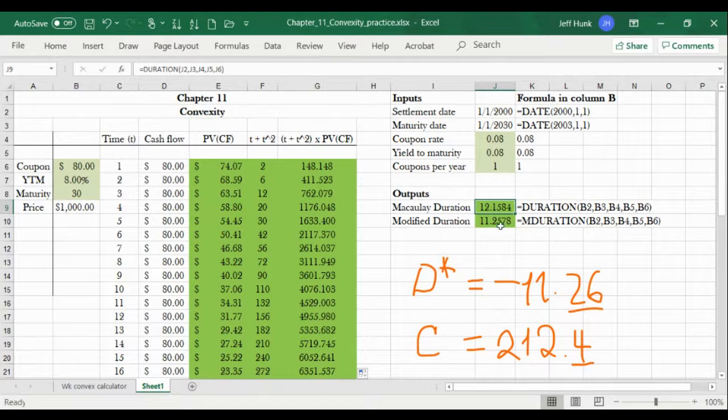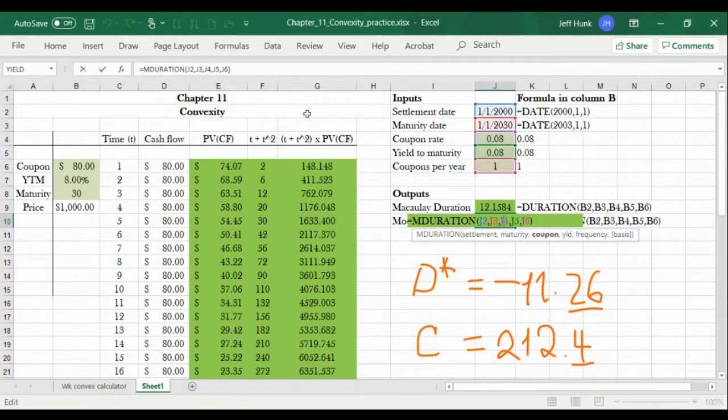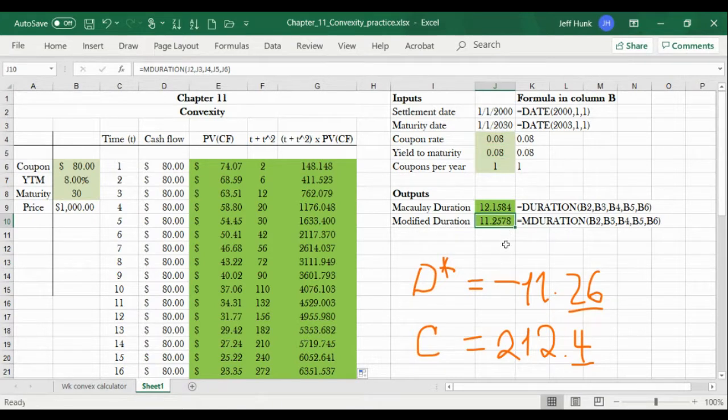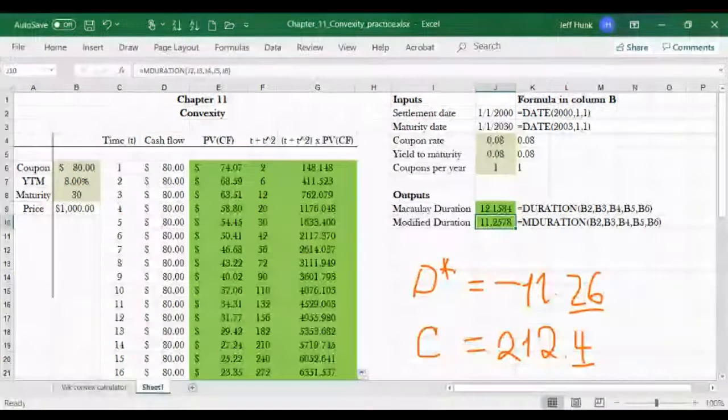Macaulay duration gave me 12.16, using the duration formula, but modified duration gave me 11.2578, which is 11.26, and it's got to be negative, right? So that way we verified.